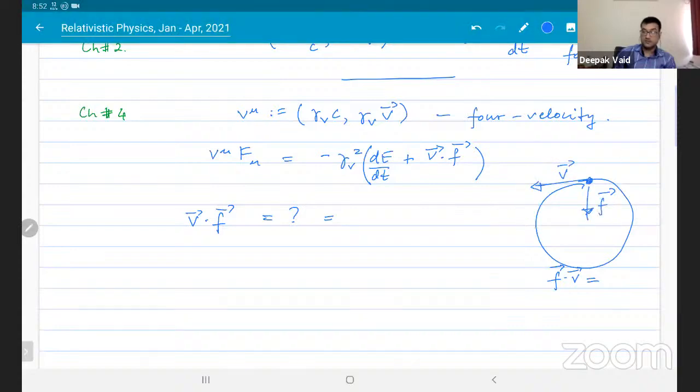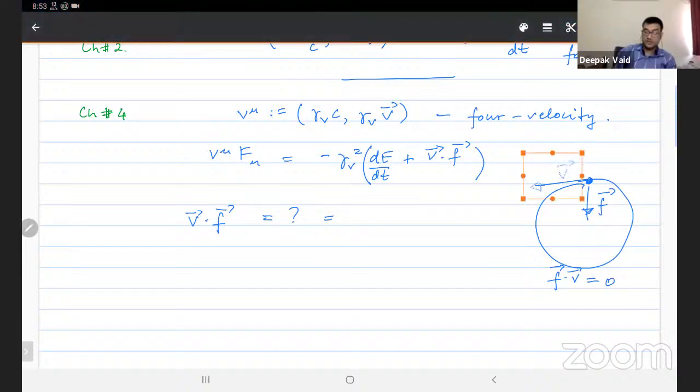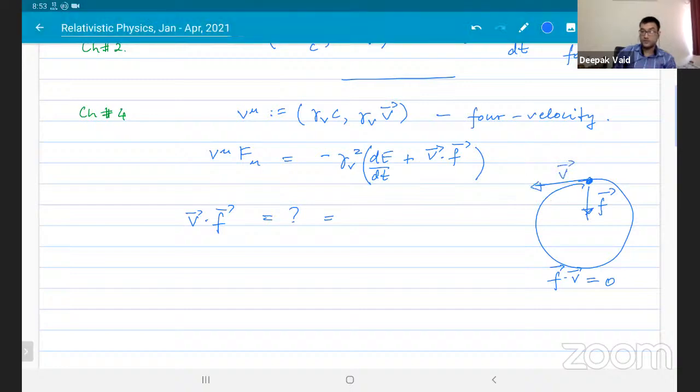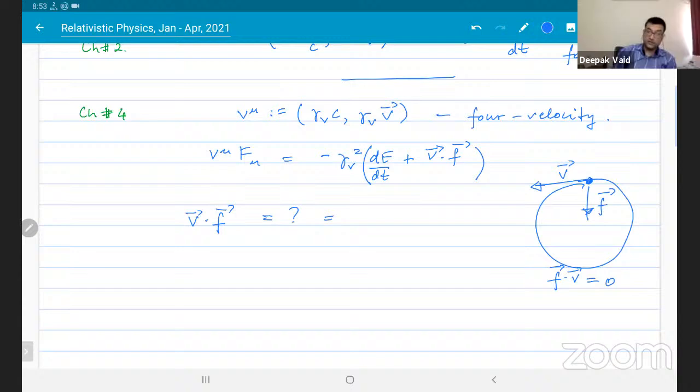Look at this. 0. Right. Now, does the kinetic energy of the particle change when it's in rotational motion? No, sir. No, right? So what is F dot V? F dot V is the rate of change of kinetic energy, the rate of change of energy.